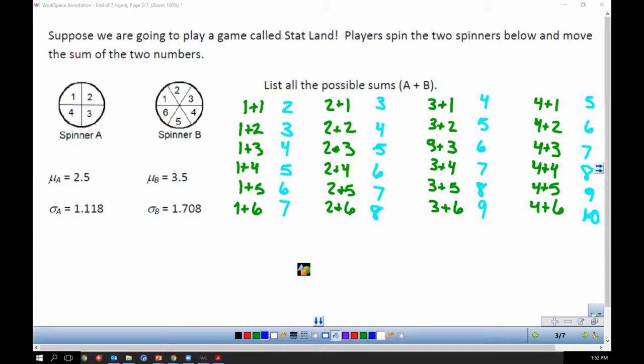Okay, so here comes the curveball from what's written on your page. We need to find the mean and standard deviation of these. But we have a calculator to do that.